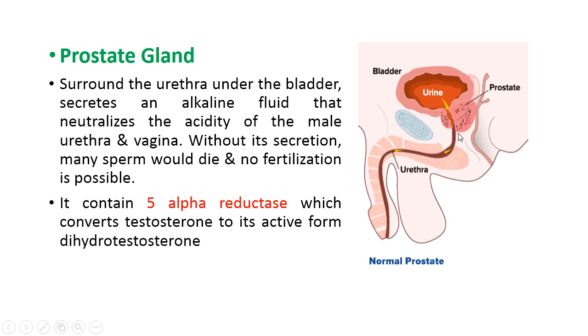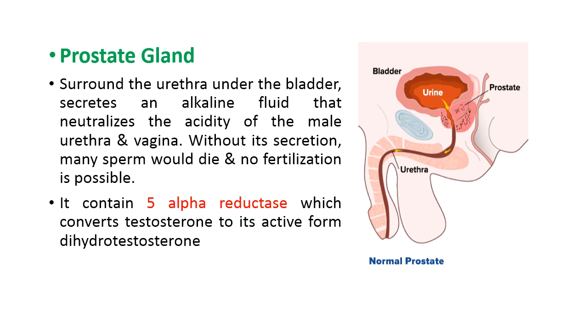What is the importance of the prostate gland? It secretes an alkaline fluid that neutralizes the acidity of the male urethra and also the acidity of the vagina. Without its secretion, many sperm will die and no fertilization is possible.